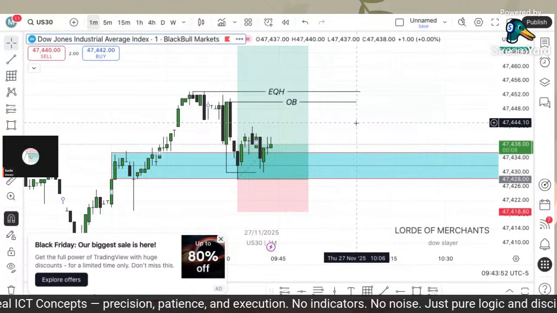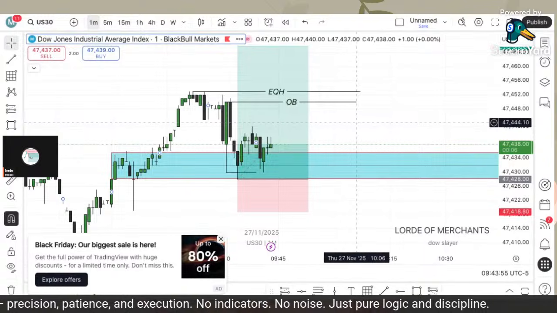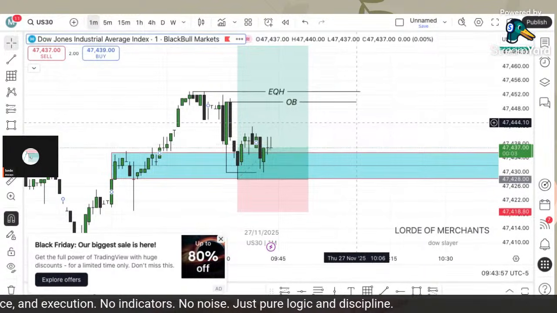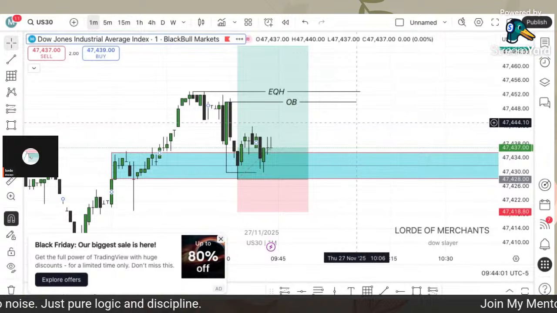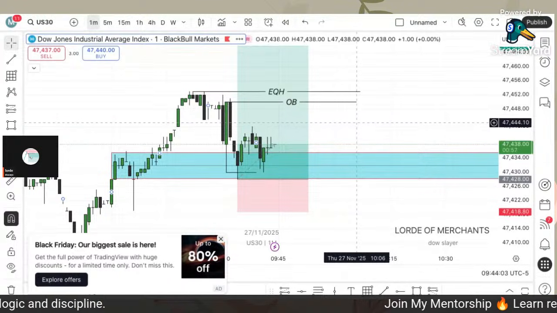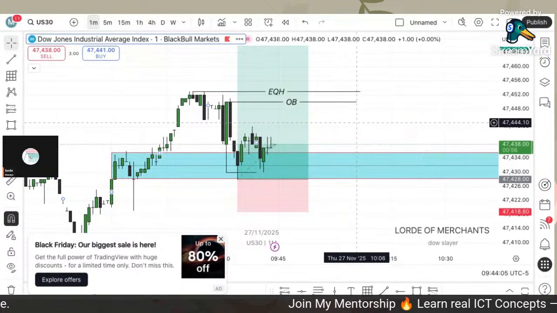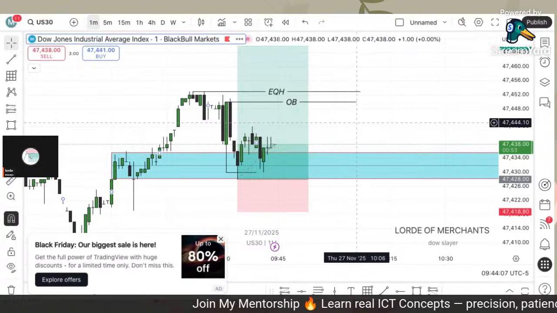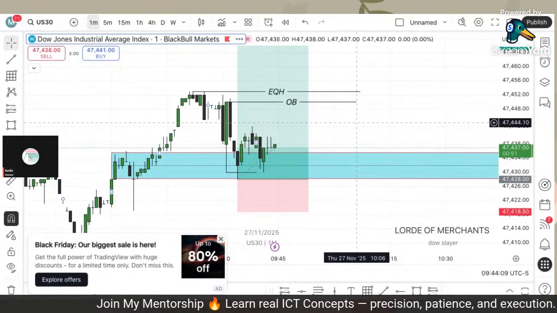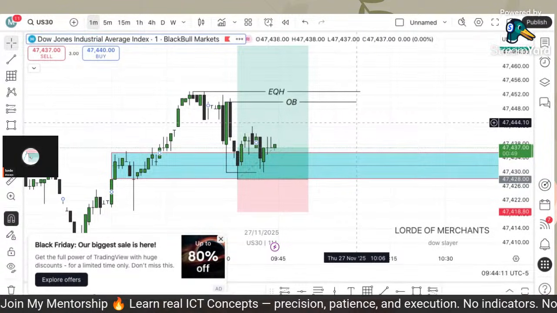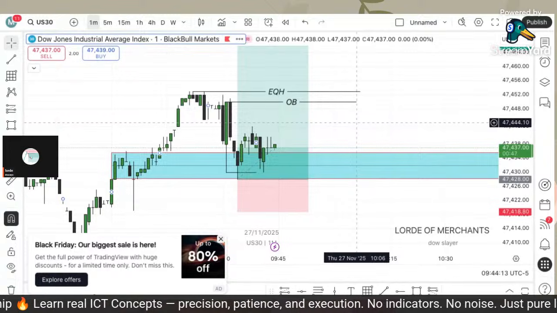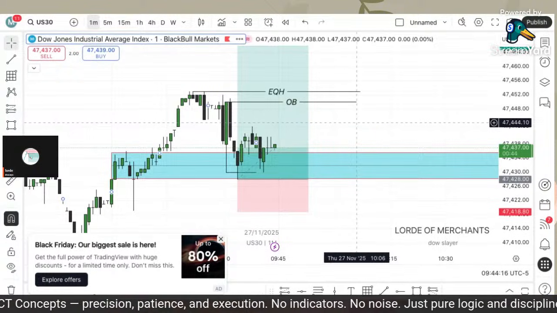Ours is just to wait and see. It's more of learning. You need to learn. You need to see how price is behaving. We've been trading very well the last couple of days, so we want to just remain with what we have.